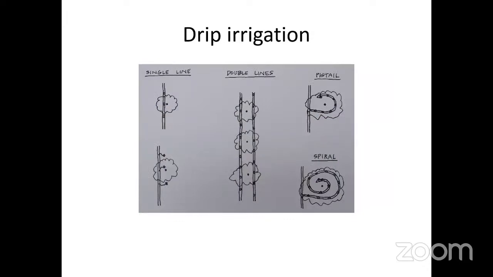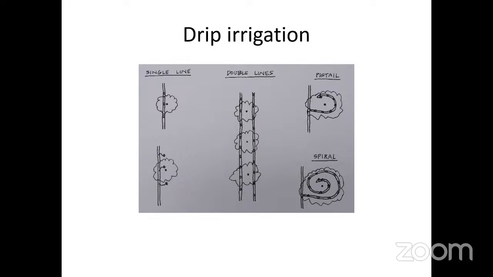The third irrigation system, which is the good one, actually the best one, is the drip irrigation system. As we have mentioned in the beginning, there are single lines and double lines. You can see there are many types that can be drawn around the tree and supply or deliver the water to the effective root zone.